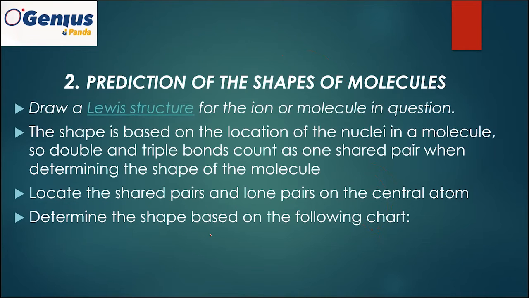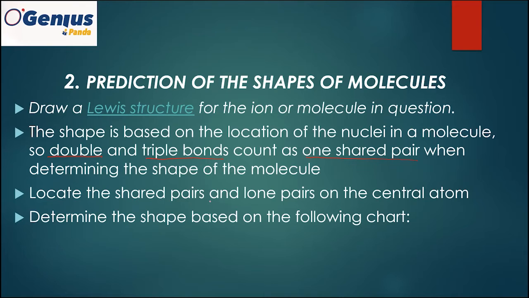How do we predict the shape of a molecule? First of all, we have to draw a Lewis structure for the ion or the molecule. Secondly, you consider the shape based on the location of the nuclei in the molecule. Remember, double and triple bonds always count as one shared pair, as a single bond.